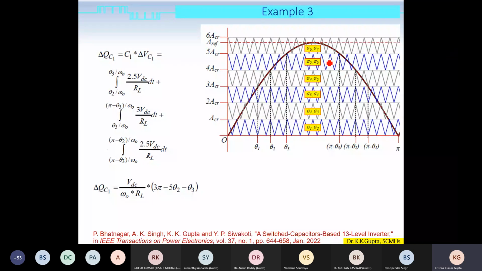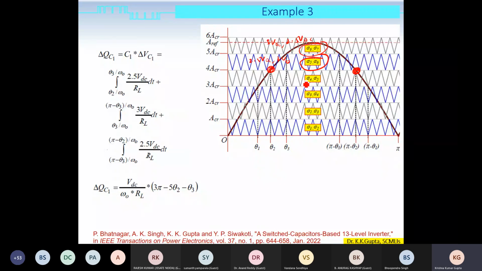So here you see sigma 6 and sigma 7, sigma 5 and sigma 6, right? Once the topology starts operating from this point to this point, the voltage levels are like here, 3 VDC and 2.5 VDC. Here the levels are 2.5 VDC and 2 VDC. As soon as the output reaches 2 VDC, thereafter the capacitors do not have opportunity to get charged.